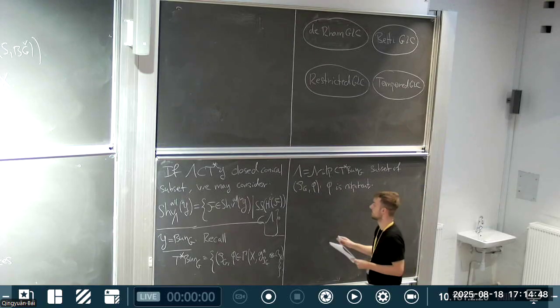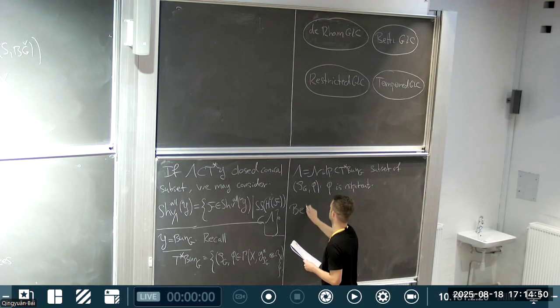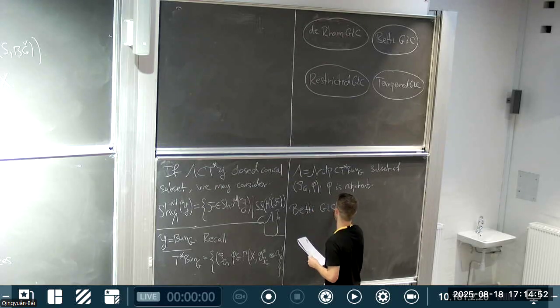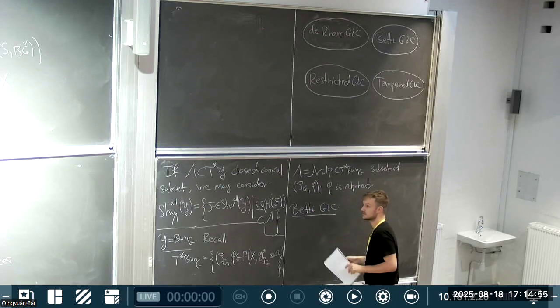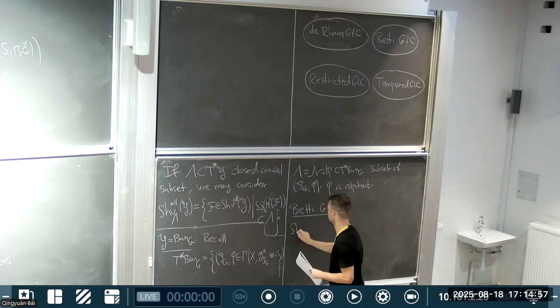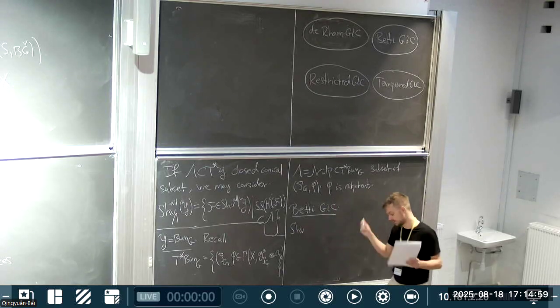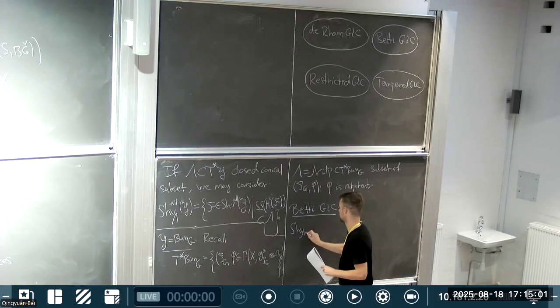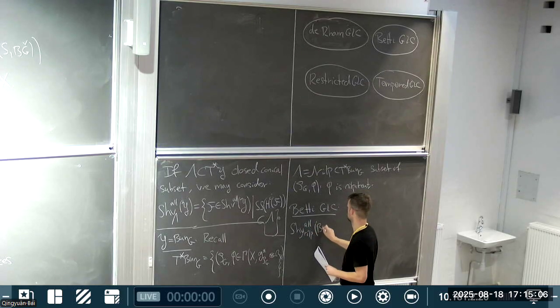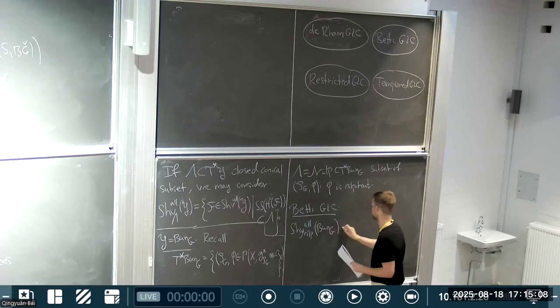Okay, and with this we can define the Betti geometric Langlands conjecture, projective. It says something similar to the de Rham one, except the key difference, in some sense, is that you impose a nilpotent singular support condition on the automorphic side.